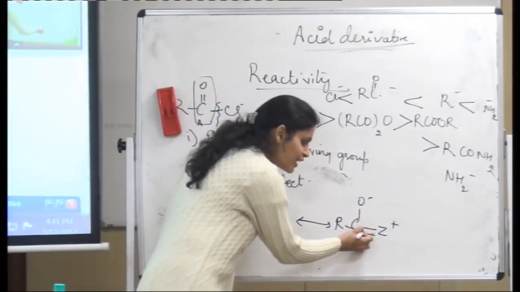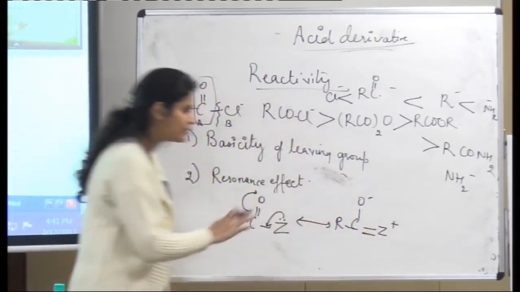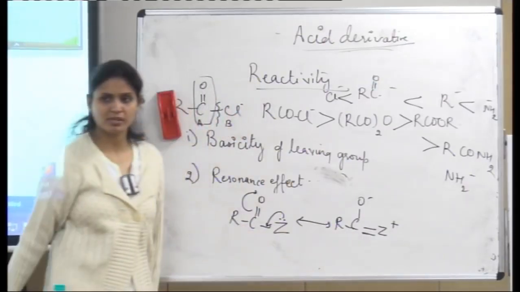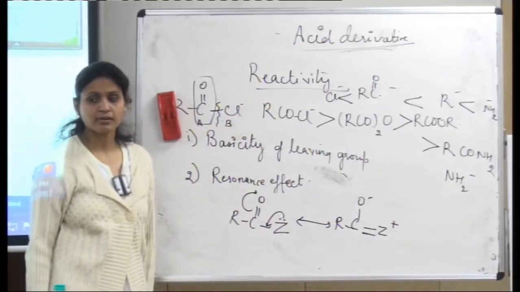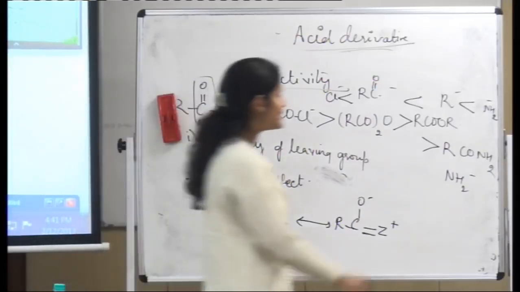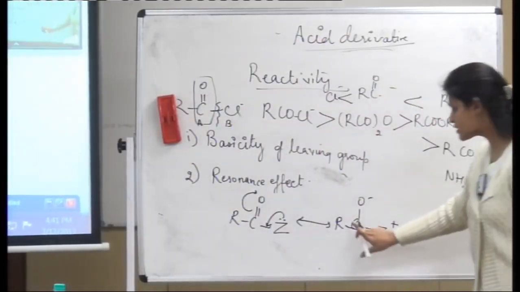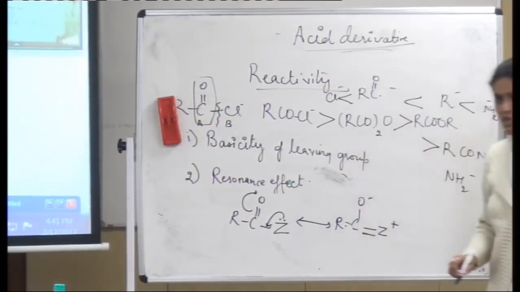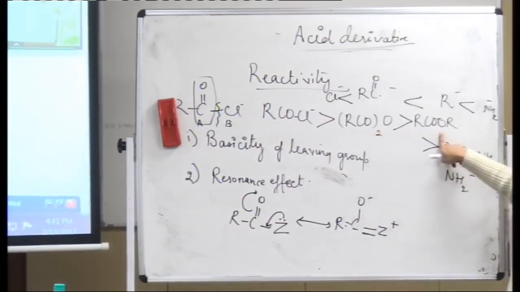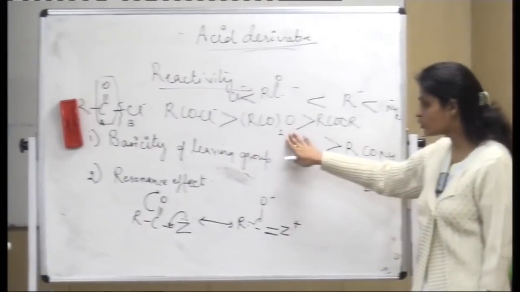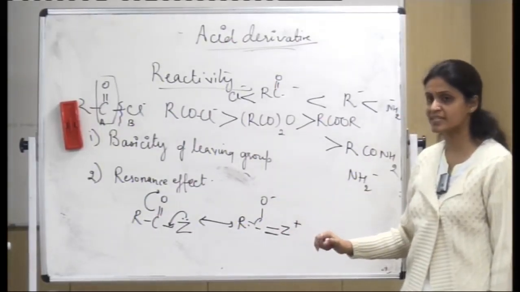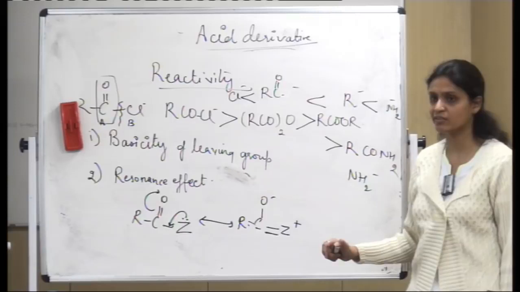Now out of these four, in what case would this resonance structure be more stable? Why? If I am saying that this kind of resonating structure occurs between these four types of acid derivatives, then out of these four, which one will be highest basic or will be highly reactive?